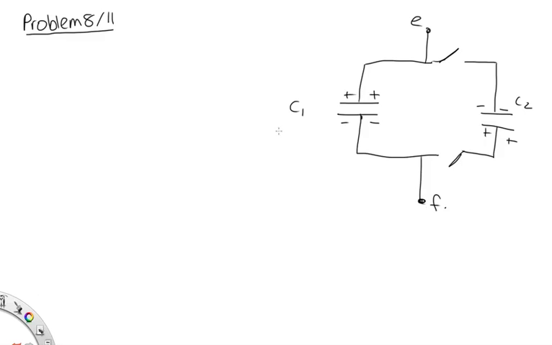And C1 has a capacitance of 1.16 microfarads. C2 has a capacitance of 3.22 microfarads. And initially, the voltage across them is equal to 96.6 volts. So each is charged to this voltage and then they're connected up like this.